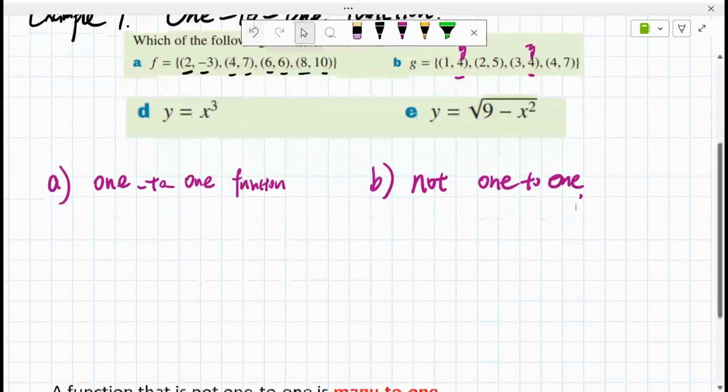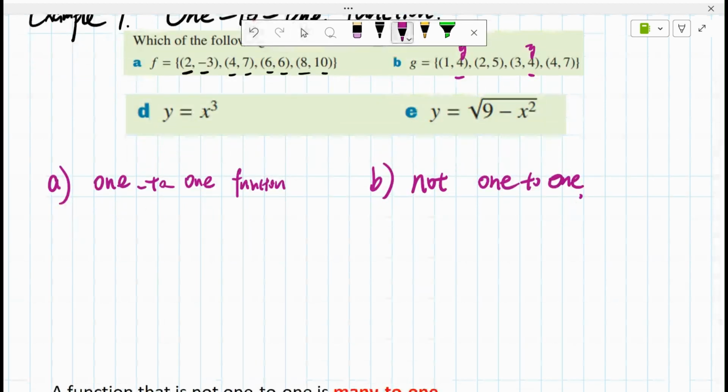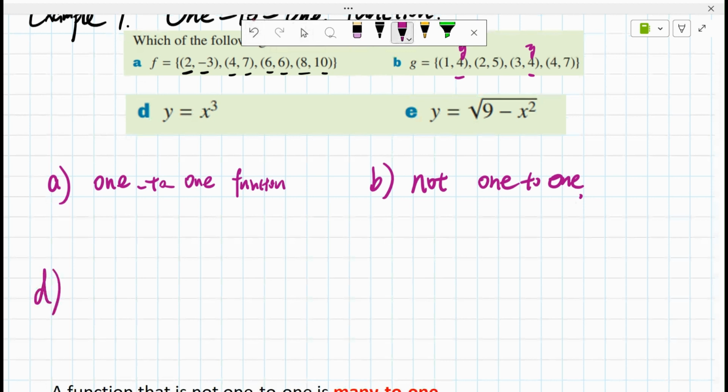And in D, we have to draw some graph then. So question D, as the graph, this is a polynomial cubic function.